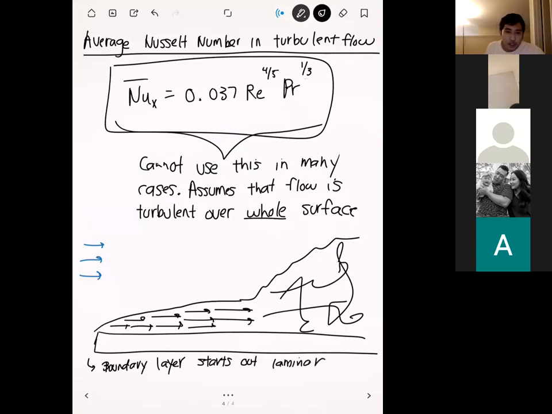Since we usually have a region where part of our boundary layer is laminar, we can't just assume that the entire thing is turbulent. And so this creates what's called a mixed boundary layer.